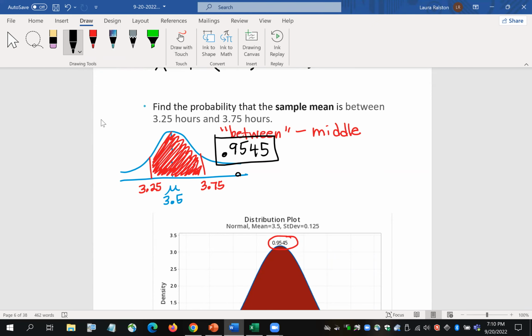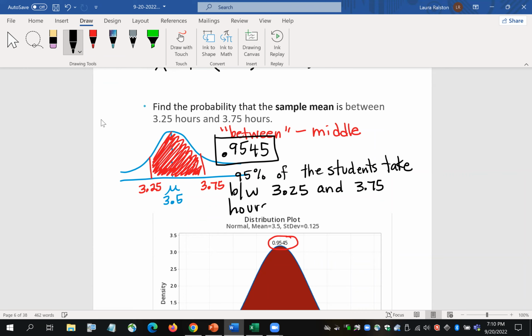which means 95% of the students take between 3.25 and 3.75 hours to take the SAT on average.